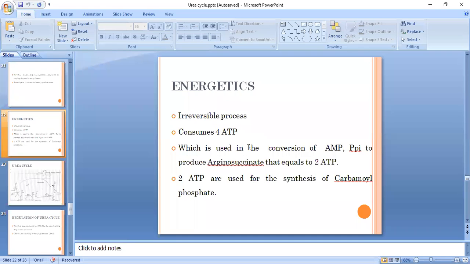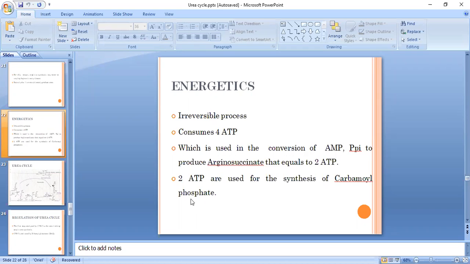In the third step, this citrulline along with aspartate combines to give arginosuccinate. That arginosuccinate will get cleaved in the fourth step. So ultimately, when it is cleaved, it gives arginine and fumarate. This arginine is very much essential for urea synthesis, whereas the fumarate which is produced will enter into the TCA cycle. So let us see the energetics.